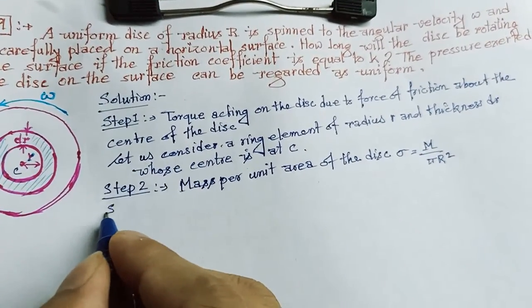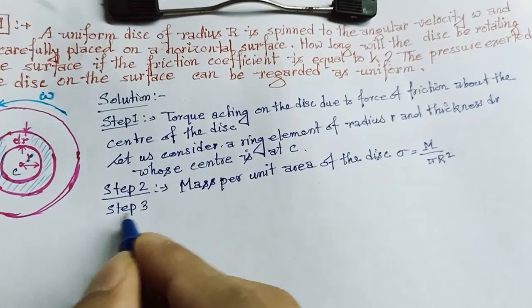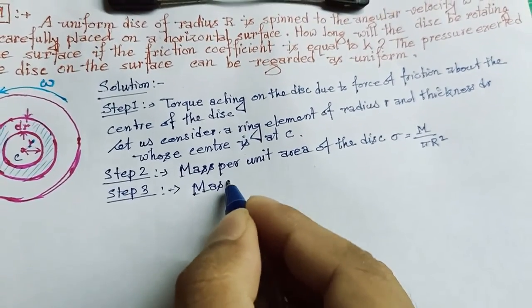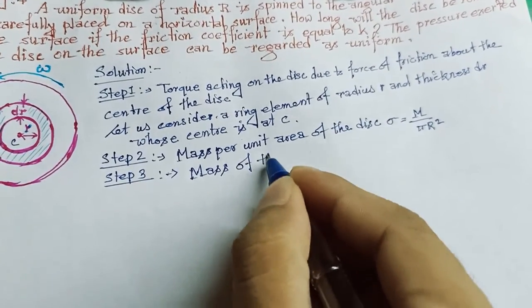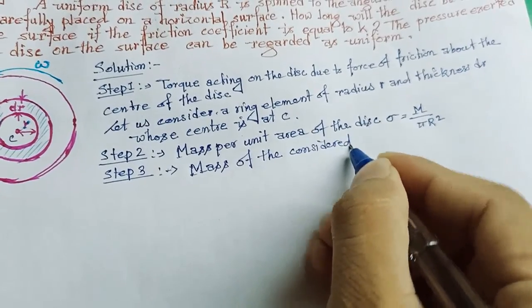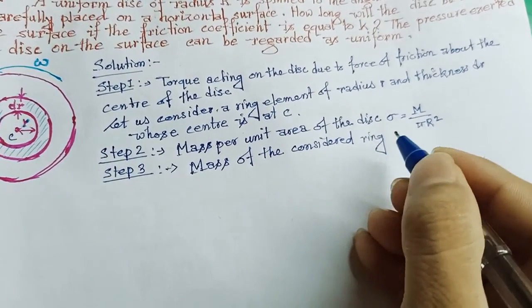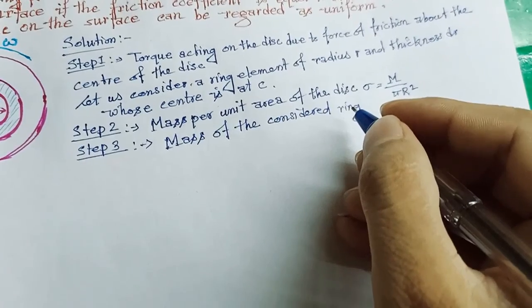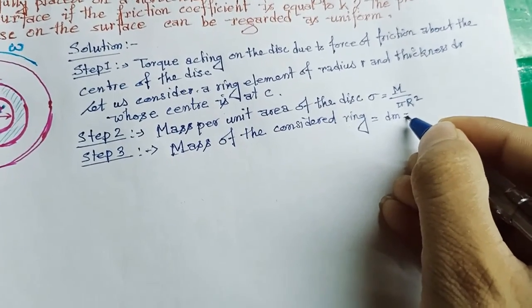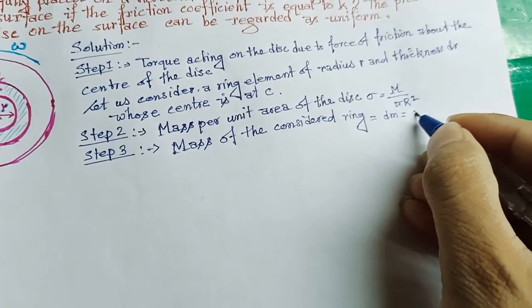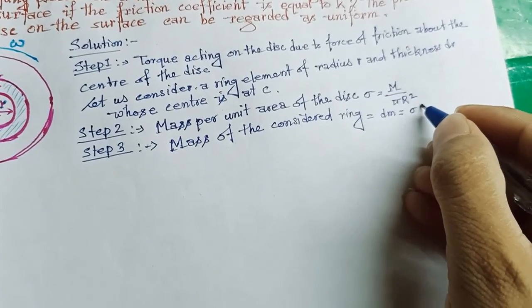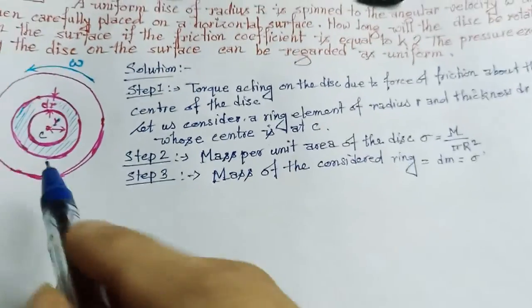Step 3. The mass of the considered ring is equal to dm, and this dm is equal to density into dA, and dA is the area of this section.